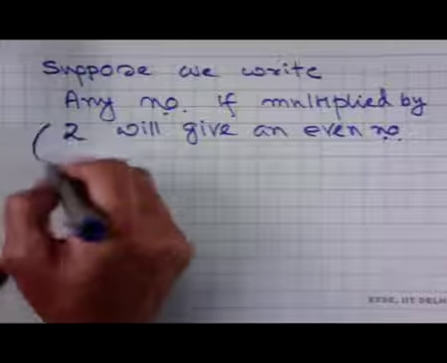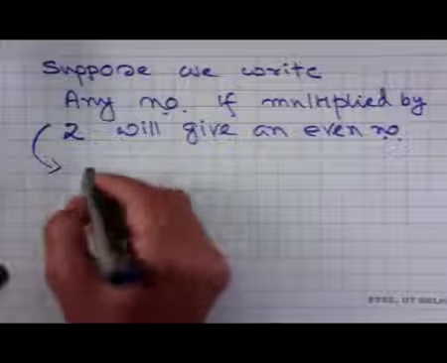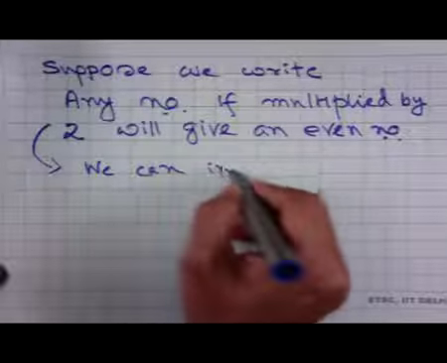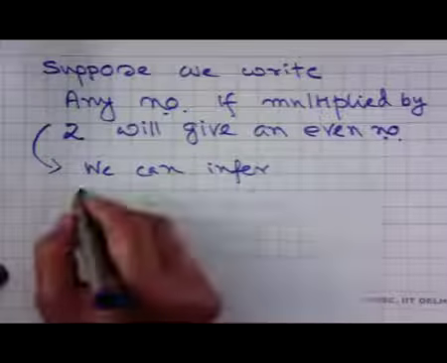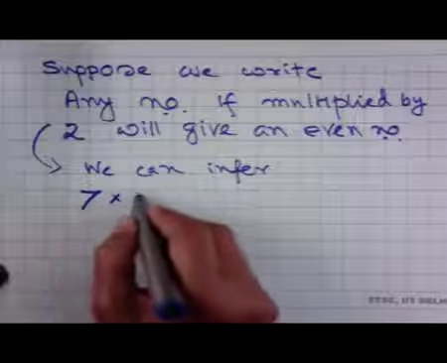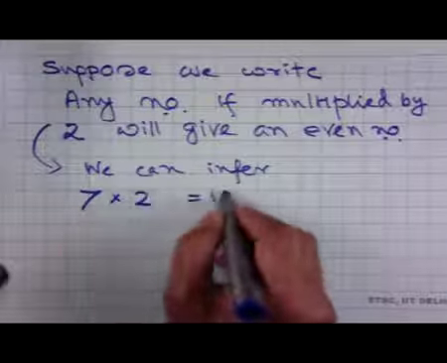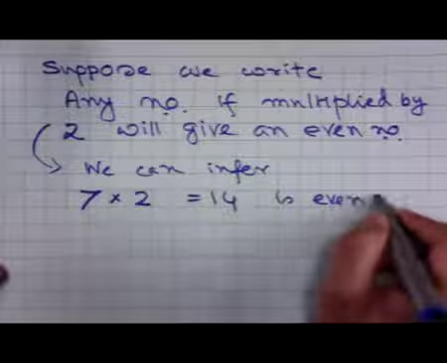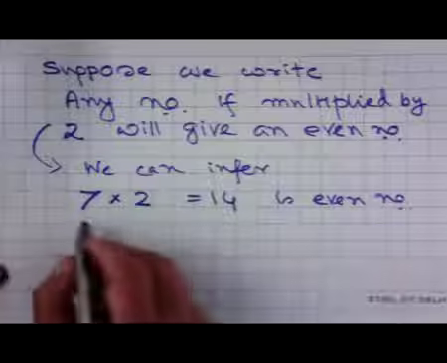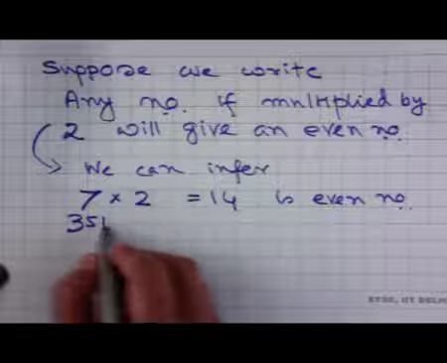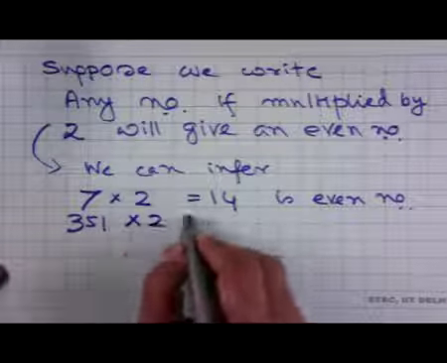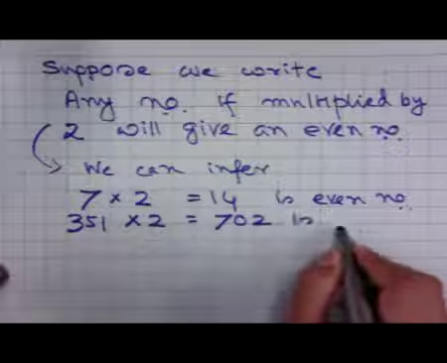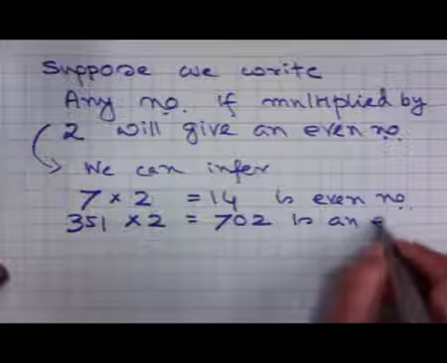Then from here we can infer, seven multiplied by 2 is equal to 14, is an even number. 351 multiplied by 2 is equal to 702, is an even number.